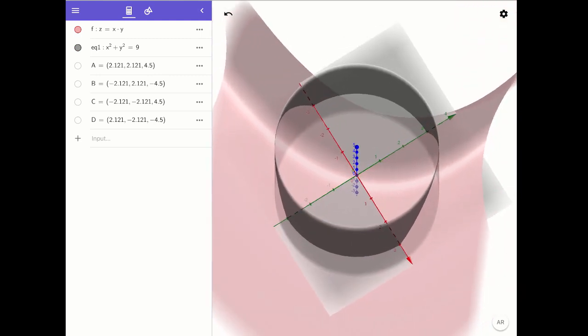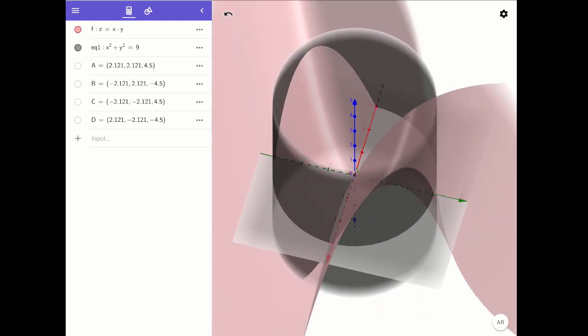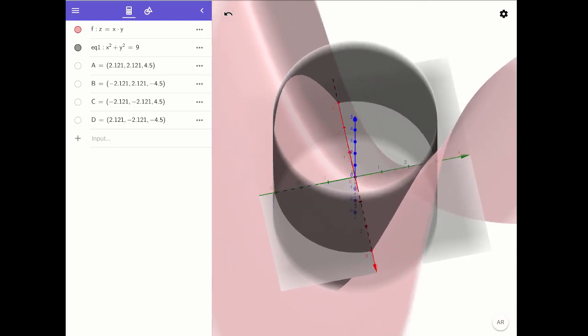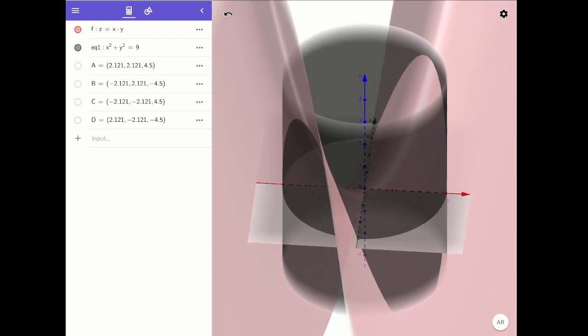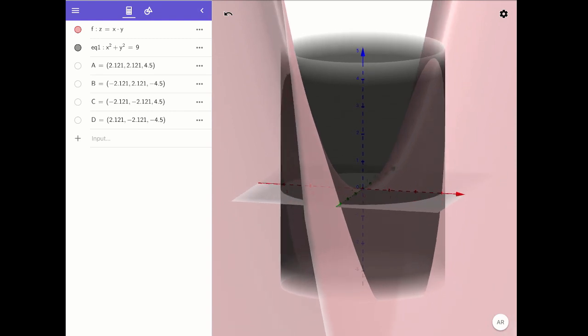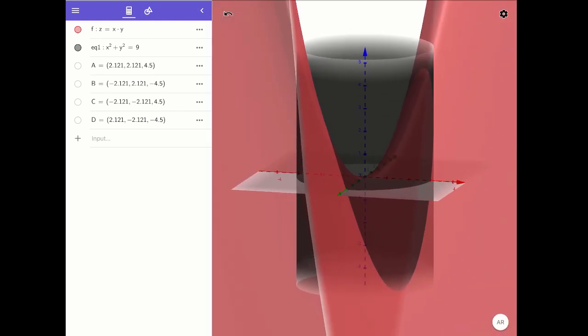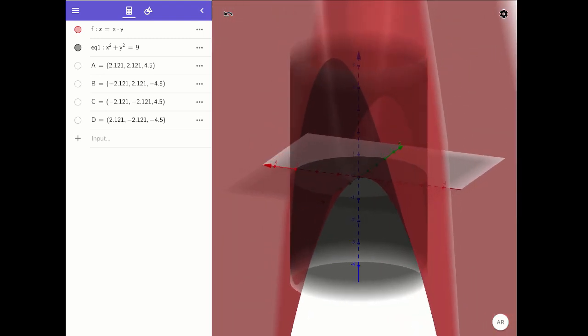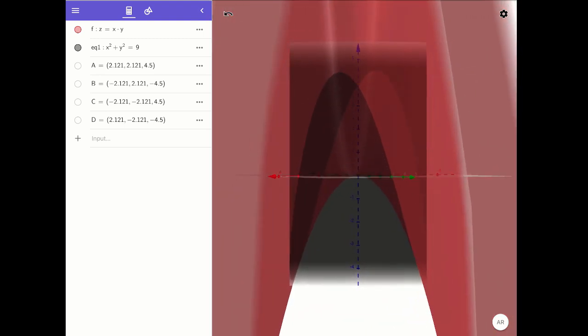So there's the circle, and then you look up to the function, and where the pink and the black part meet, there's going to be a maximum. There's going to be another maximum over here, and down here there's going to be a minimum and a minimum over there.